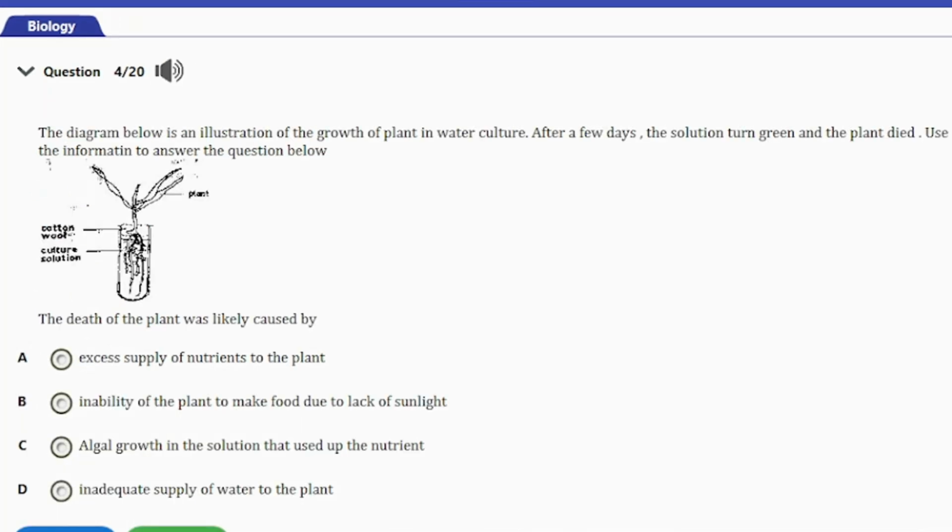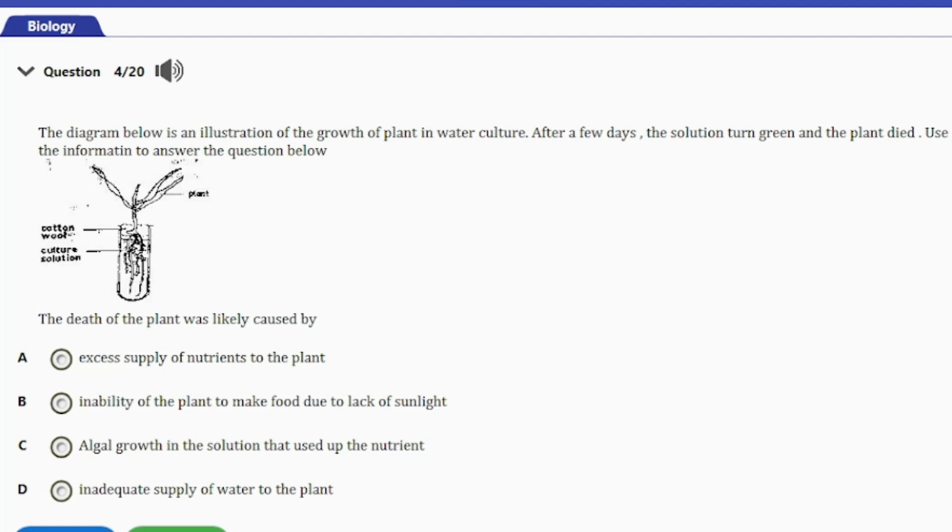Question number 4 here. It says, the diagram below is an illustration of the growth of plants in water culture. After a few days, the solution turned green and the plants died. Use the information to answer the question below.